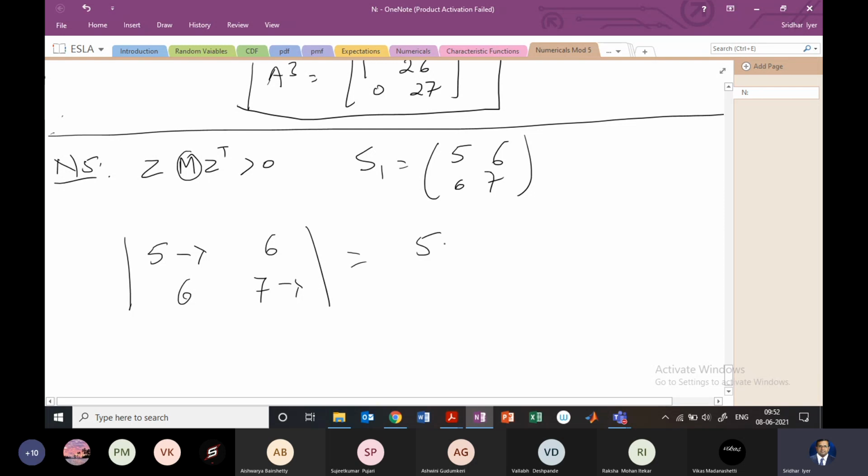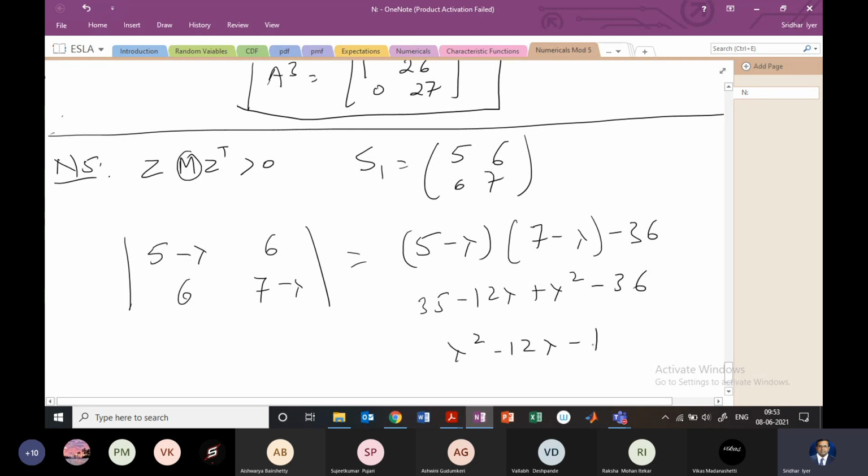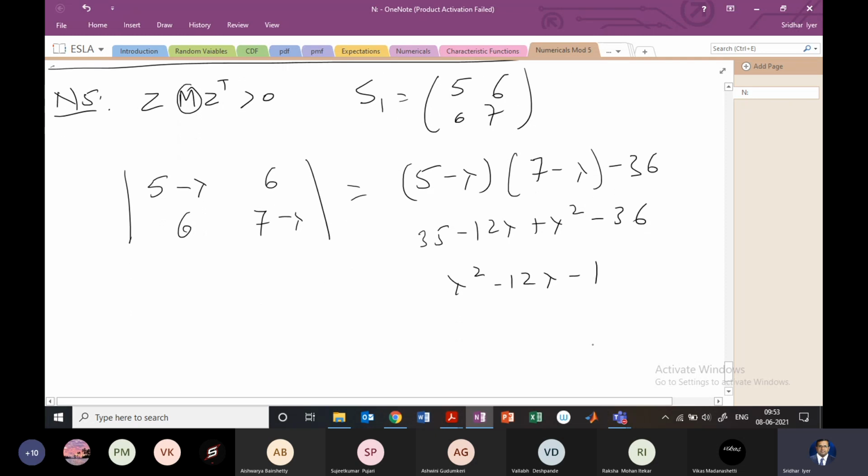So here we'll get 5 minus lambda into 7 minus lambda minus 36, and then we solve this, right? What we get is 35 minus 12 lambda plus lambda square minus 36, and you get lambda square minus 12 lambda minus 1, right?